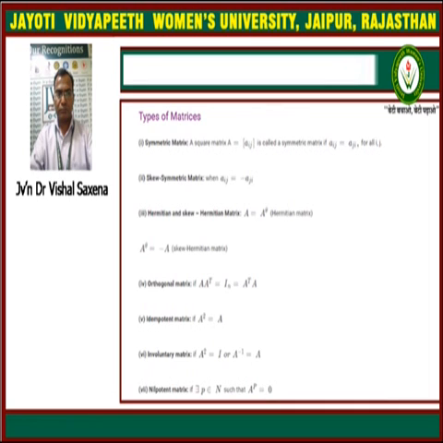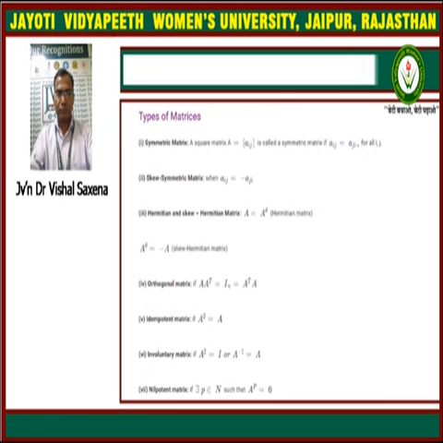Third is Hermitian and skew Hermitian matrix. When the matrix A is equal to A theta, then it is called a Hermitian matrix, and when A theta is equal to minus A, then it is called a skew Hermitian matrix.